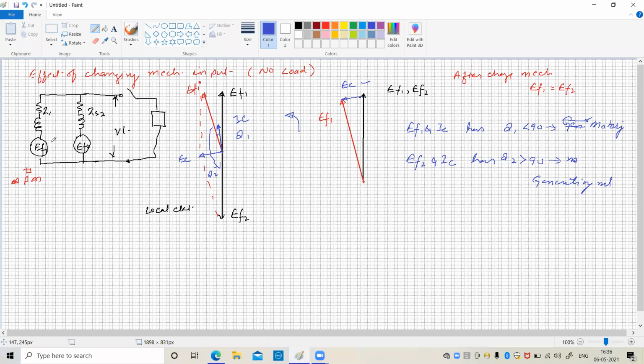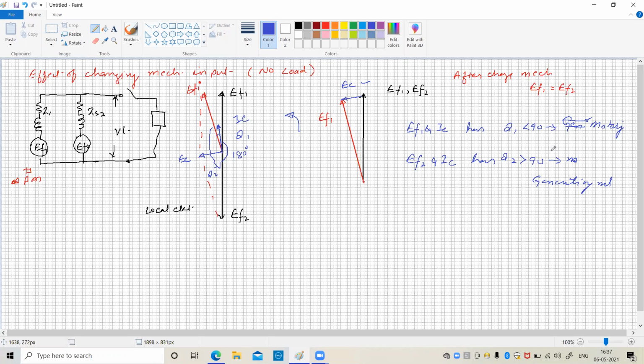So when the machine acts in generating mode, it will try to retard its speed, and hence we can say that the angle between them again becomes equal to 180 degrees.